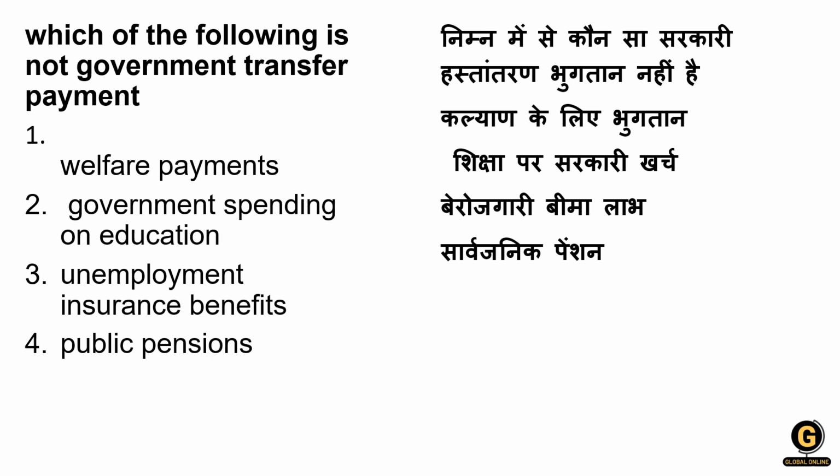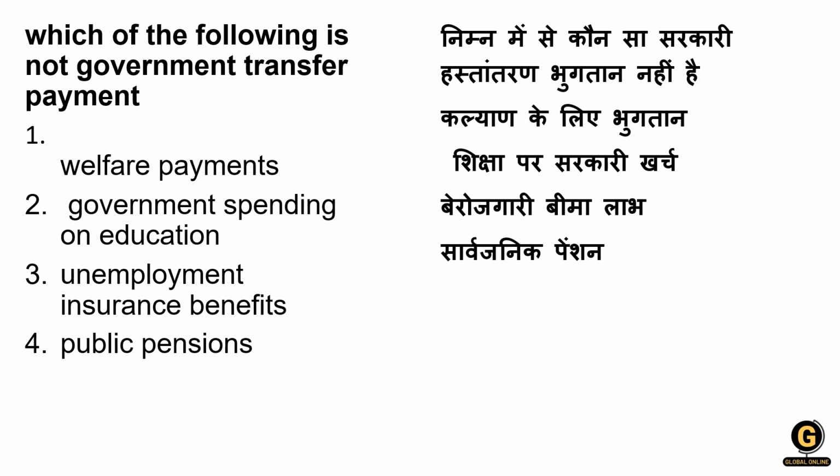Next question. Which of the following is not a government transfer payment? Options are welfare payments, government spending on education, unemployment insurance benefits, and public pensions. As we know, government payments get transferred from one person to another, and our question is which of the following is not a government transfer payment.